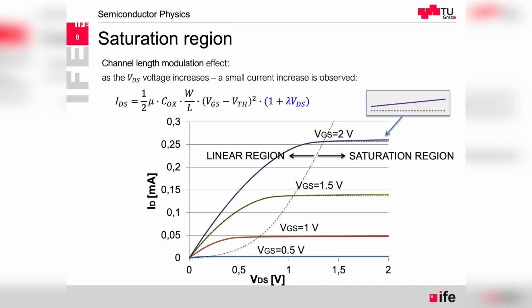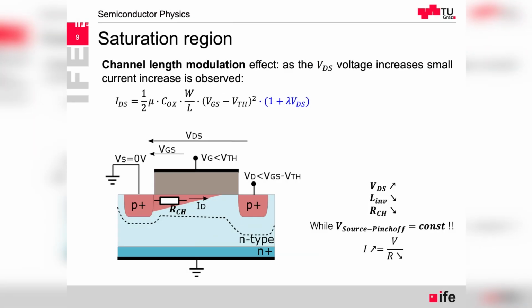Now we see that it's not quite right. To correct for this increase in the current, we add in our model the simple component 1 plus lambda times VDS, and it corrects the current for the increasing dependence on the drain to source voltage. Now I would like to give again an intuitive explanation of why that happens.